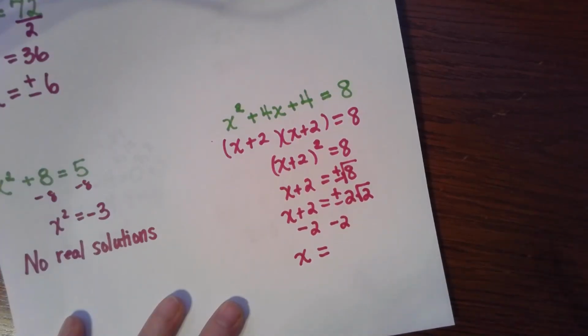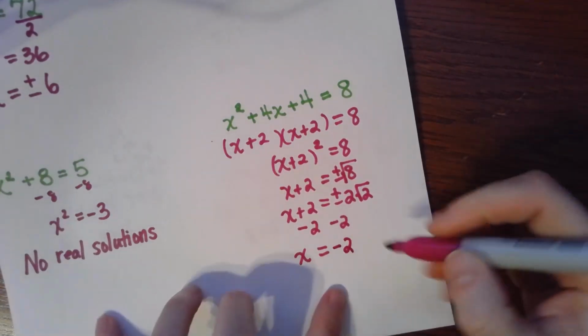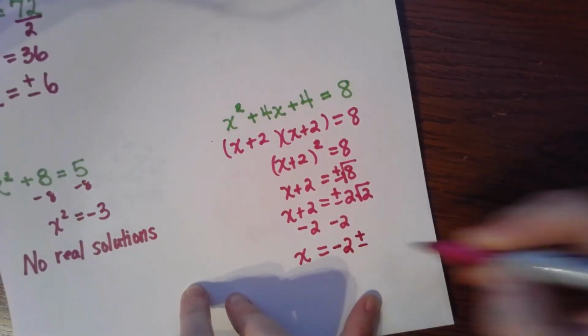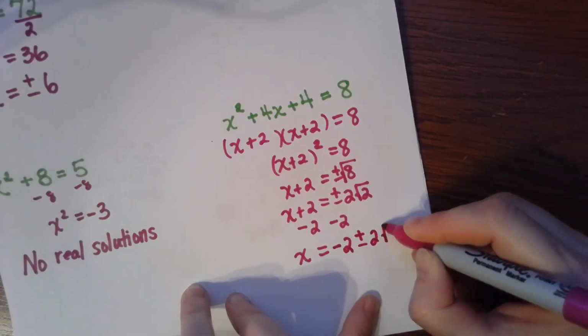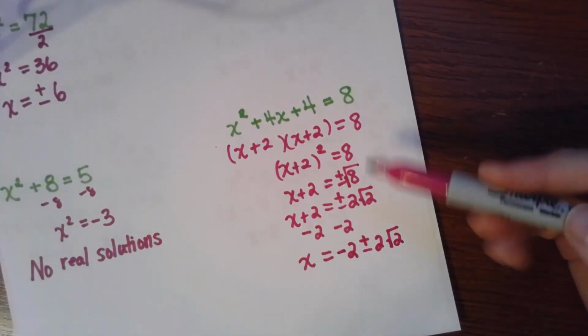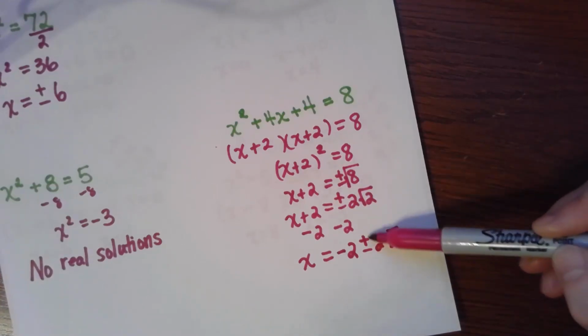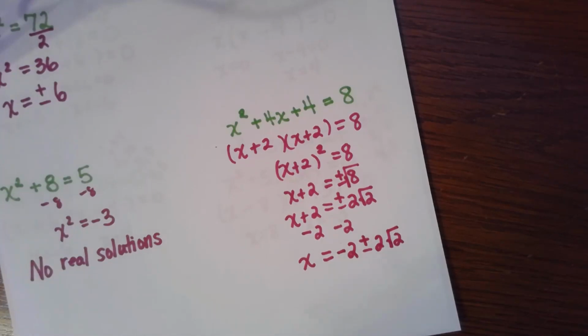So the way that we're going to write that is I'm going to take this negative 2, put it first, and then I'll have the plus or minus in the middle, and then 2 square root of 2. It can be a little bit confusing to write plus or minus 2 square root of 2 minus 2. We like to have the plus or minus in the middle there. So always put the plus or minus in the middle when you write your solutions.